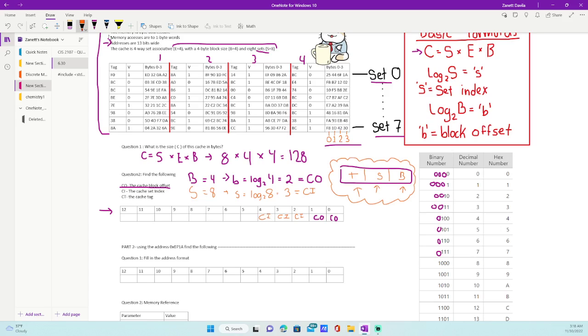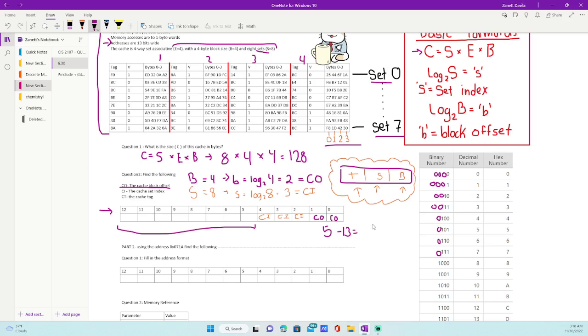Now, here's the thing where you have to do a little bit of math, right? The remainder is our cache tag. If we do some simple math, we know that this is 1, 2, 3, 4, 5, so it would be 5 minus 13.